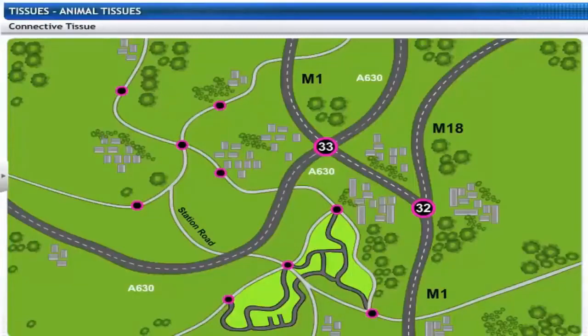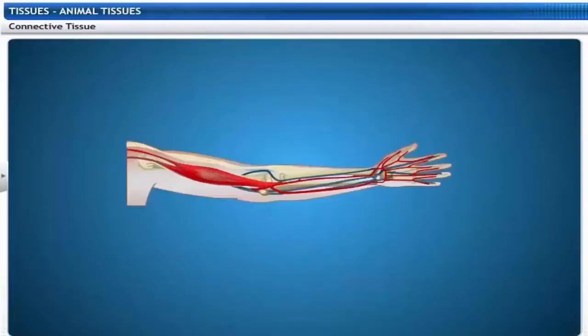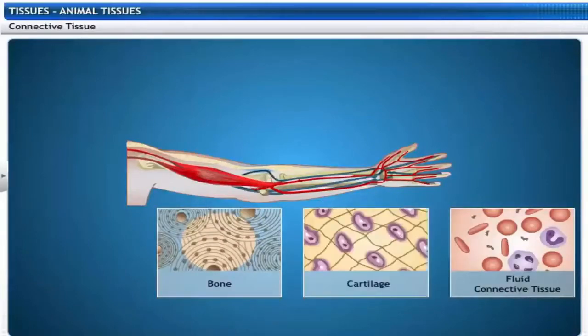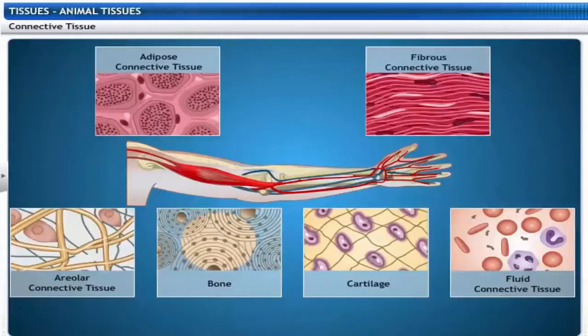Blood cells suspended in the plasma include red blood corpuscles or RBCs, white blood corpuscles or WBCs, and platelets. Blood flows within the blood vessels and transports gases, digested food and hormones to the different parts of the body.